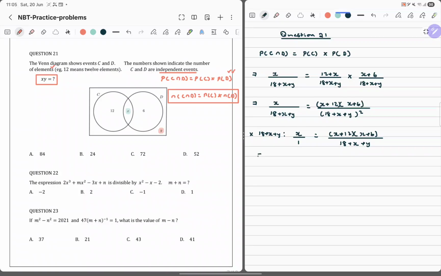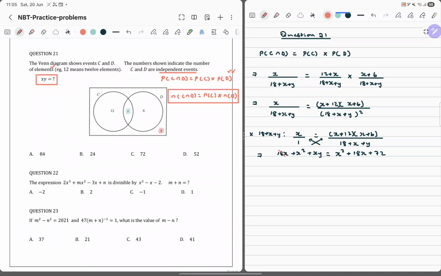So sometimes choose the best approach or whichever you can handle. So now we can cross multiply here. If we cross multiply, we're going to get 18x plus x squared plus xy equal to, this becomes x squared plus 12x plus 6x becomes 18x. 12 times 6 becomes 72.